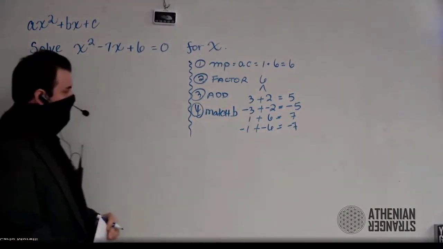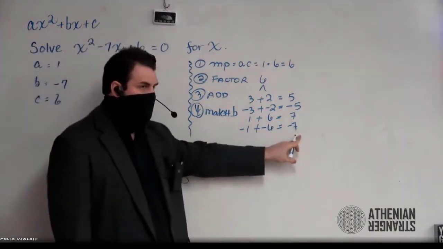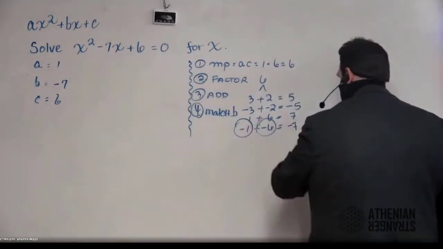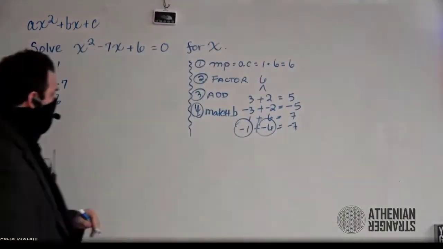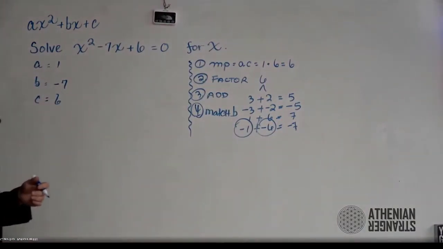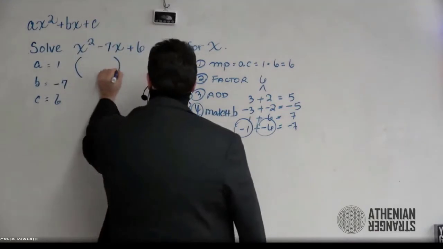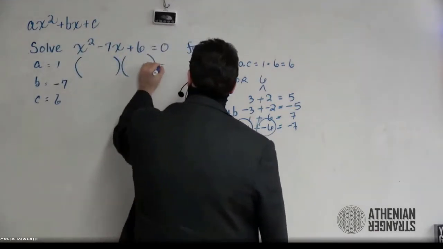So I'm looking for factors that add to be negative 7. Those factors are negative 1 and negative 6. So now I can exit the factoring subroutine, come back up here, and move on to my next step, which is to write in factored form.